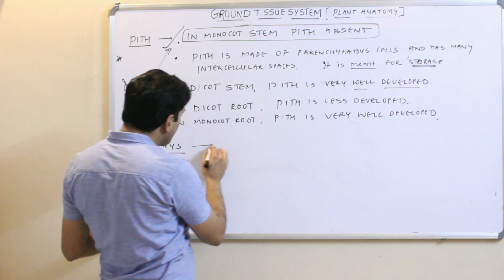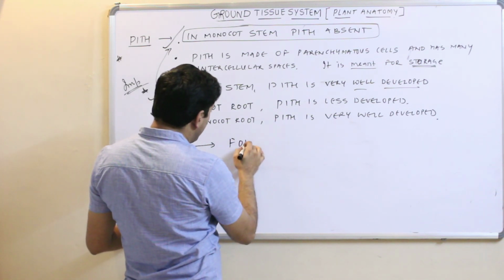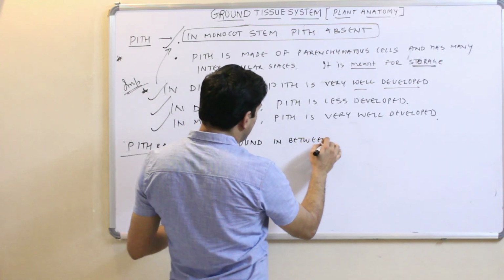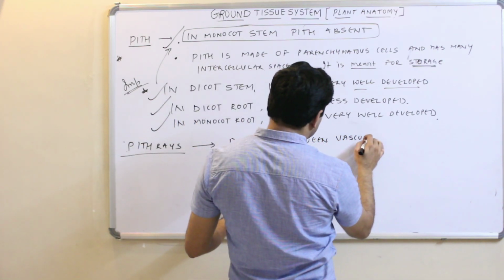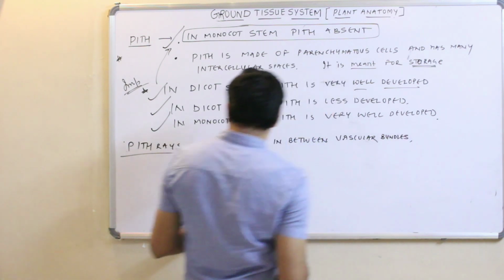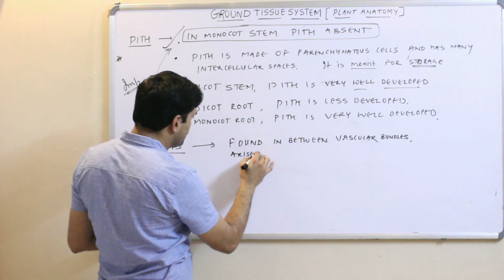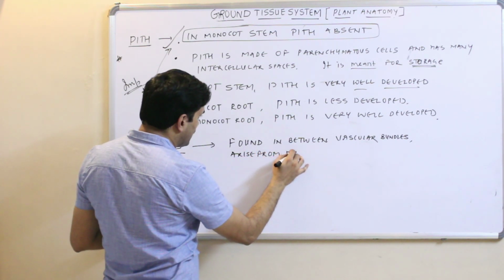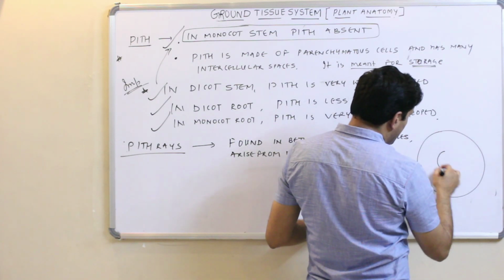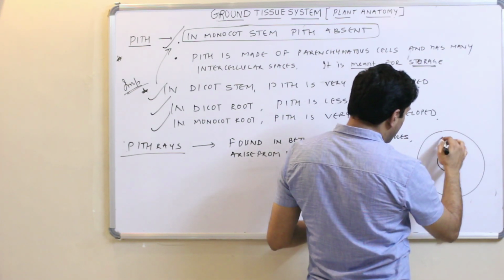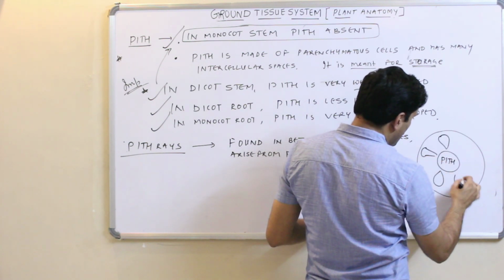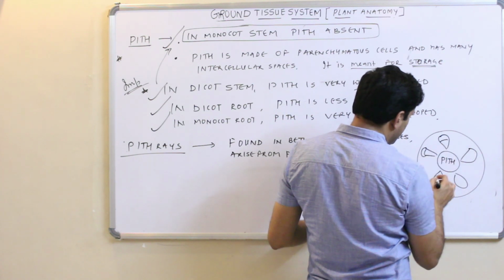Now, pith rays, where they are found? Found in between vascular bundles. Arise from pith. Like this. Say for this is the pith, and these are the vascular bundles.